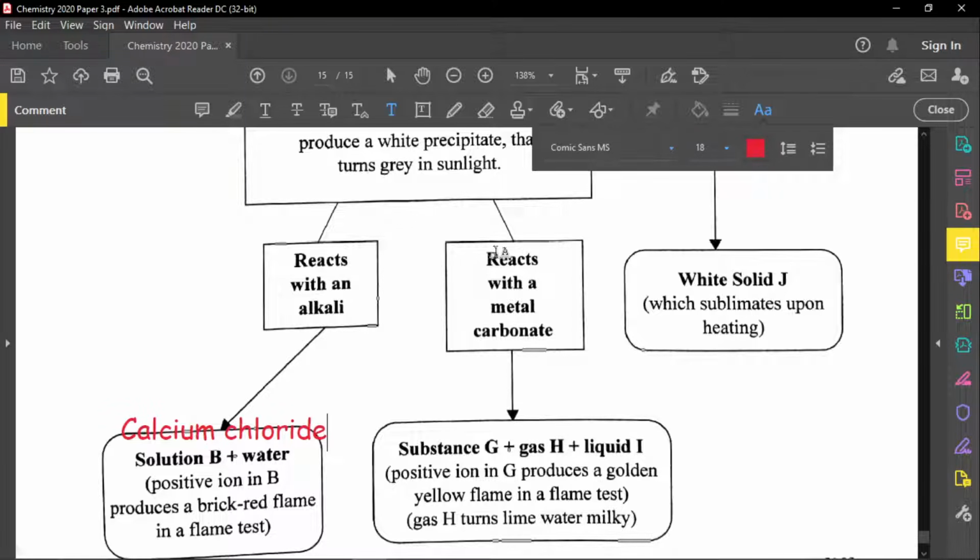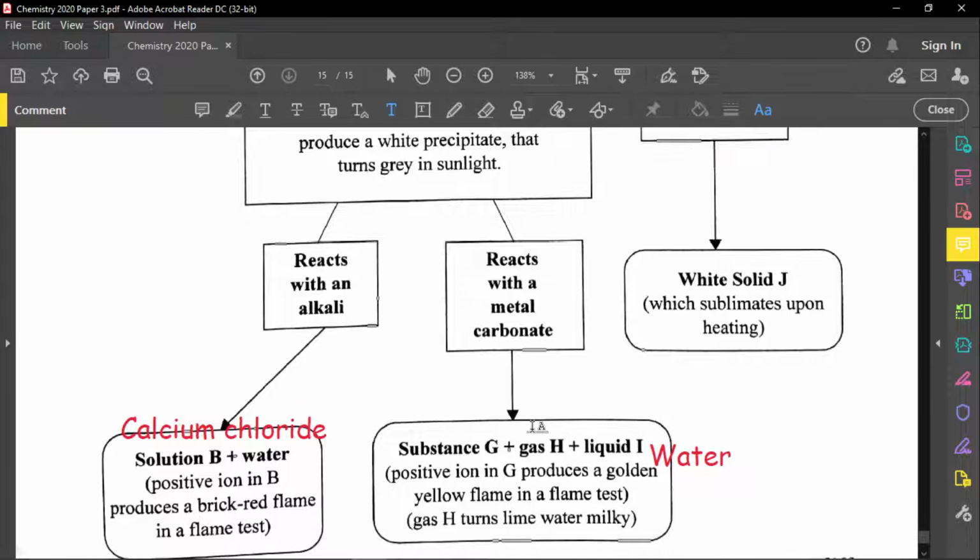All right, so let's see if we could figure this one out. G, and then we can work ourselves up. So this one reacts with metal carbonate. If it reacts with the metal carbonate, you're going to get salt, carbon dioxide, and water. So by virtue of this, liquid I has to be water. The gas must be carbon dioxide. So I has to be water.